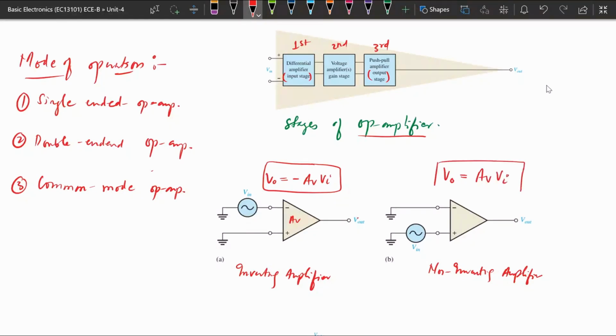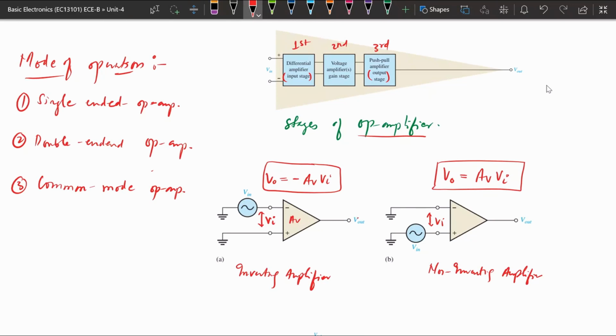One thing to note here is that the input is not only what we apply; it is the voltage difference between these two input terminals. Here the input Vi is the difference between the two terminals.